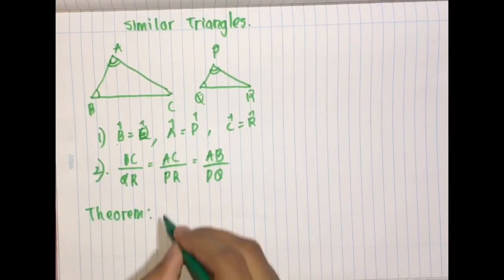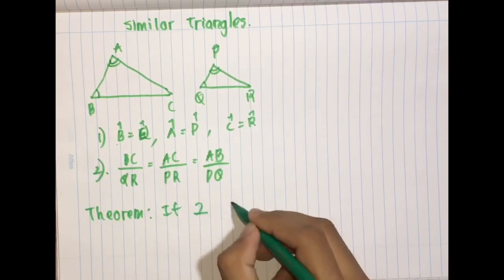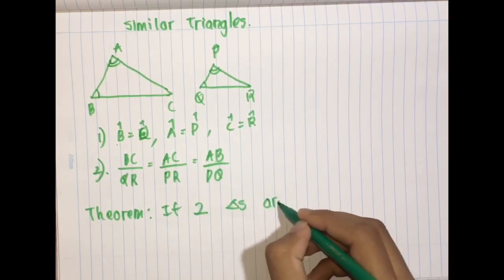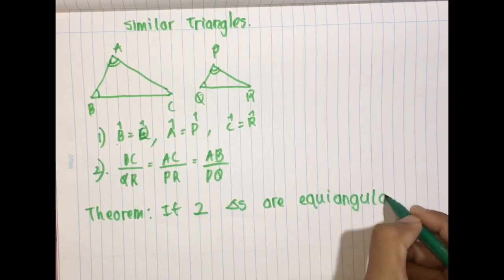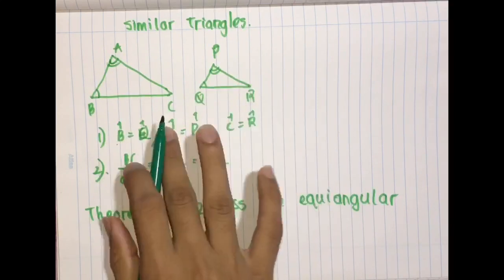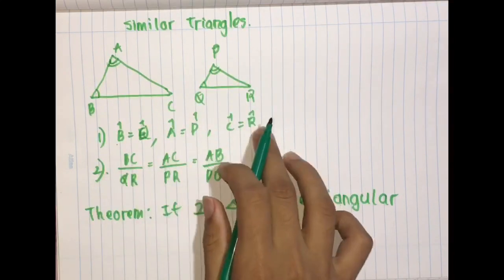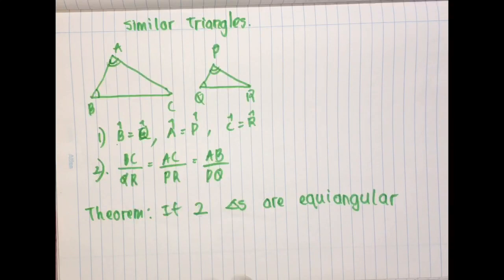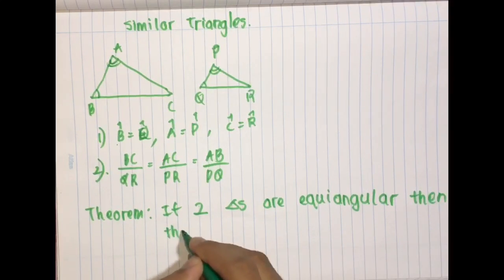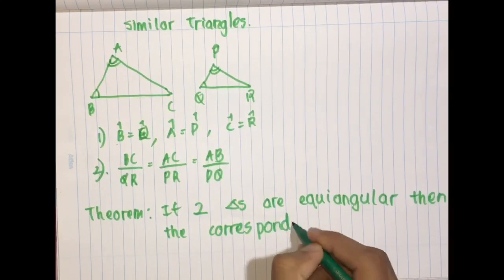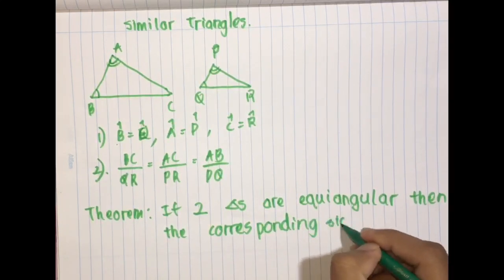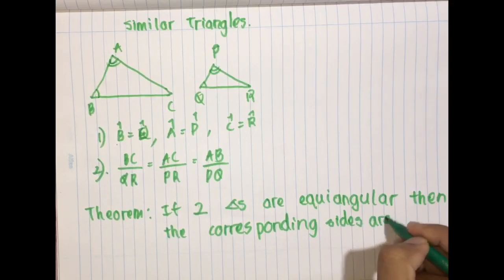The theorem is: if two triangles are equiangular, now if they say similar triangles, these are the two things that are equal. Each of the angles are equal, and also each of the sides are proportional. So if two triangles are equiangular, you can say then the corresponding sides are proportional.